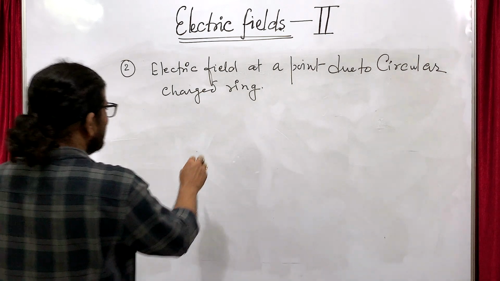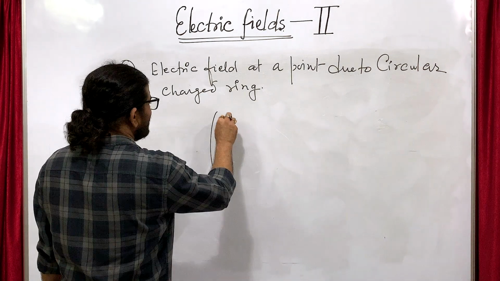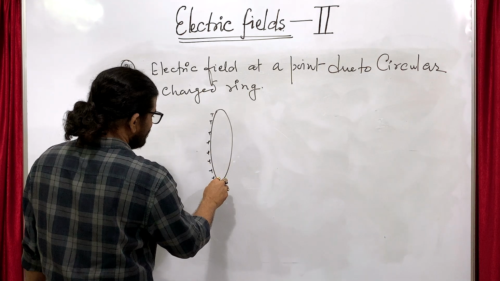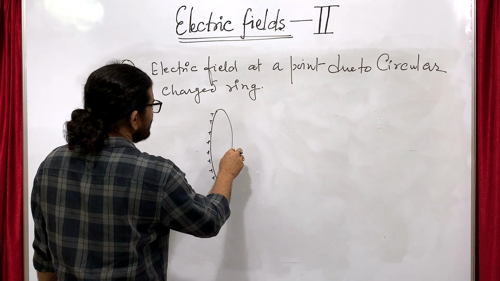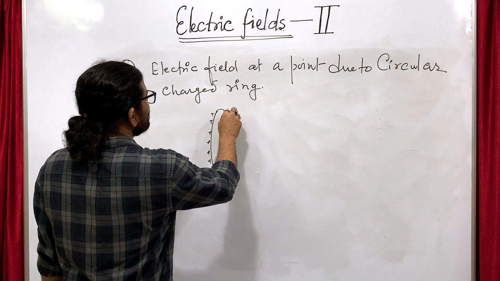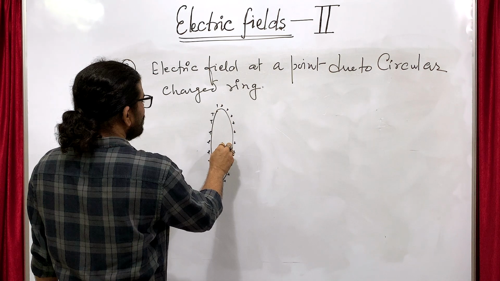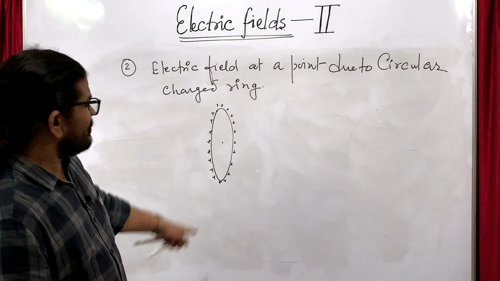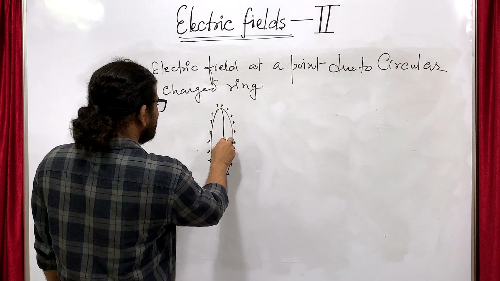Now suppose here we are taking a ring. Suppose it is linearly charged. As students, as you are observing, this ring has radius r.